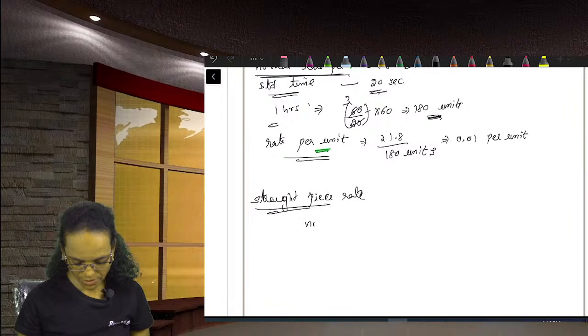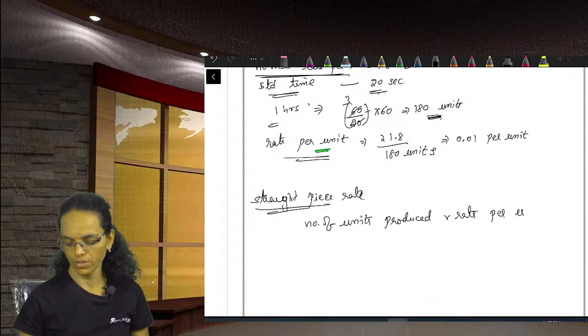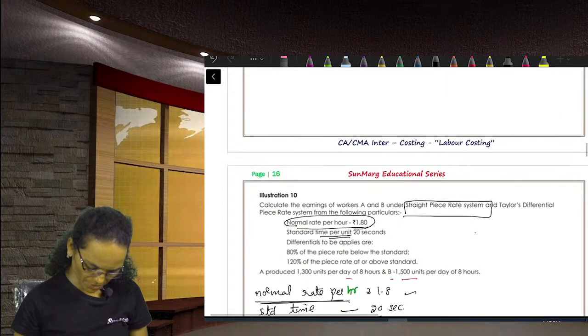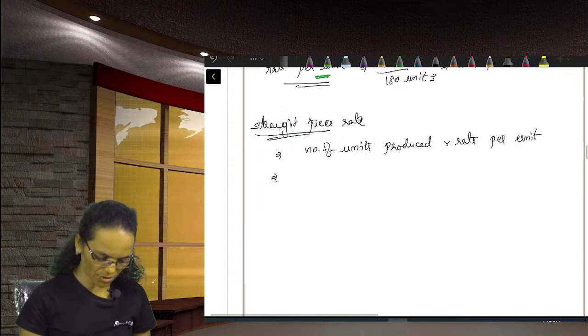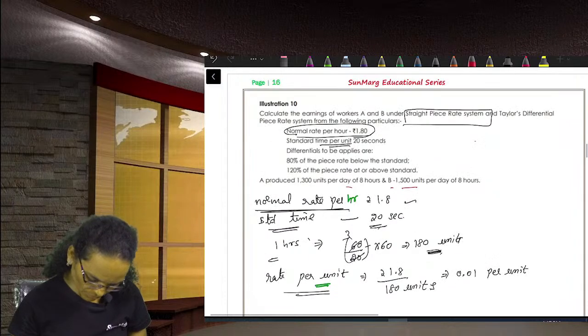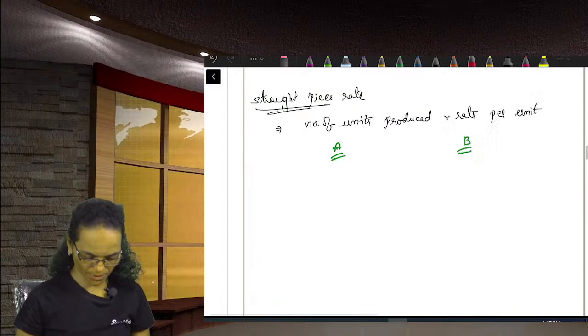So number of units produced into rate per unit. There are 2 employees, so we will take A and B separately. A produced 1300 units, B produced 1500 units.